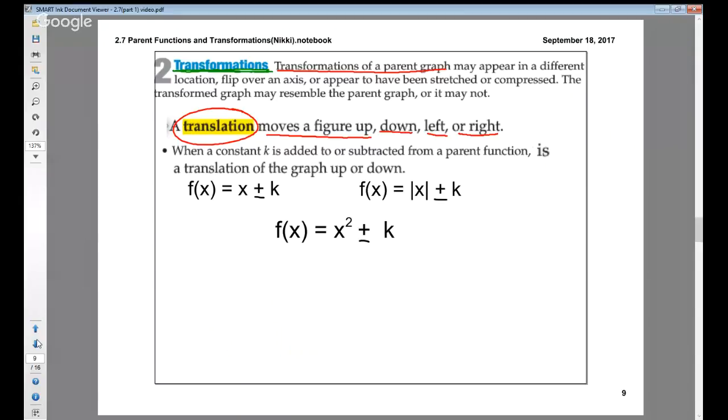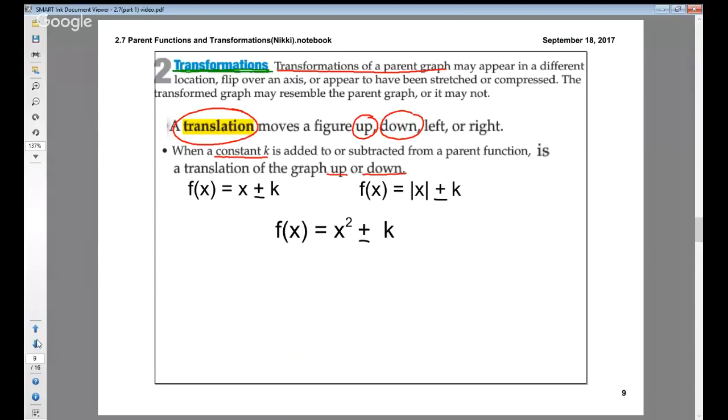So first, let me show you how to tell when a child function is going to move up or down. When a constant k, or in other words, a number, is being added to or subtracted from a parent function, this is a translation of the graph going up or down.